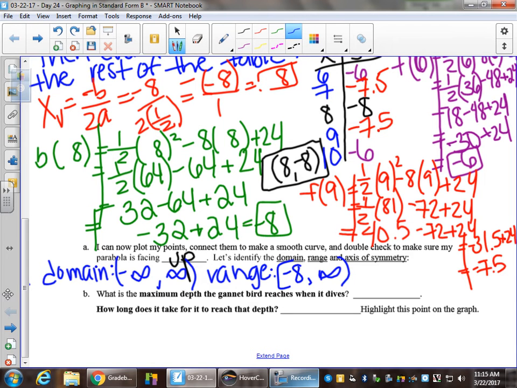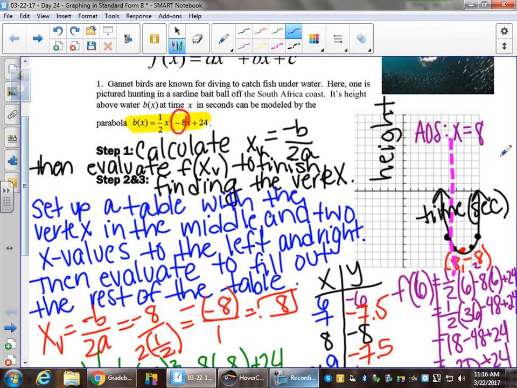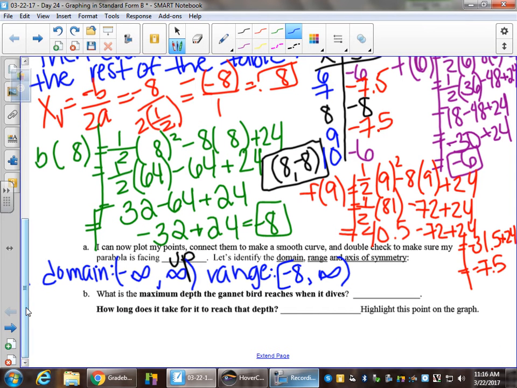I'm going on forever and ever. It is a real world problem, but they don't tell us where we're stopping. So because we don't know that information, we can just say it continues. And again, what's my axis of symmetry?